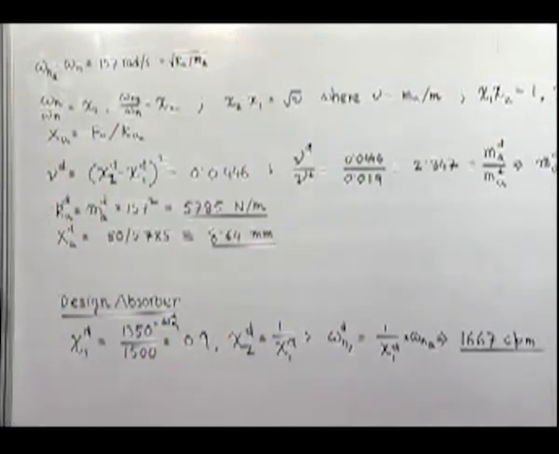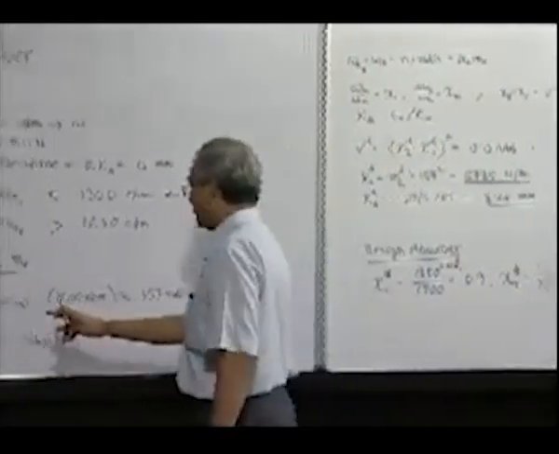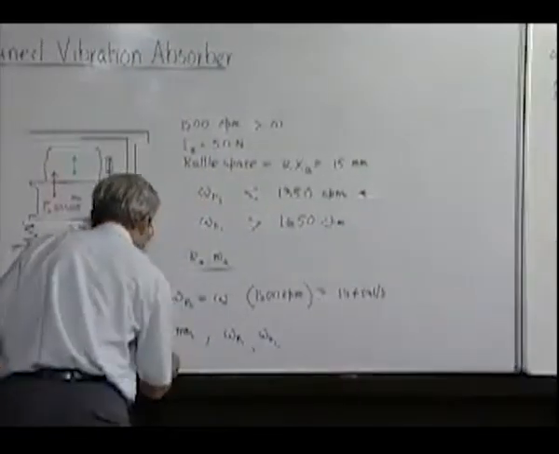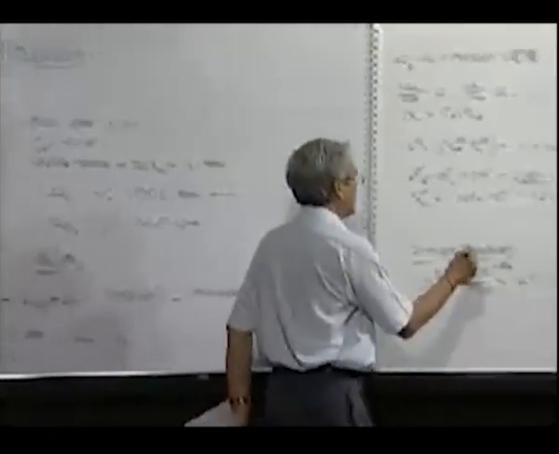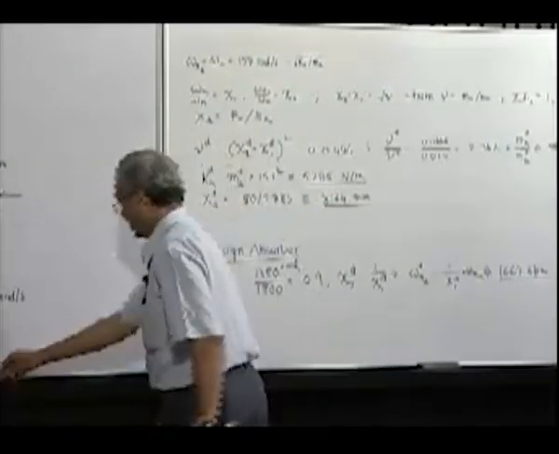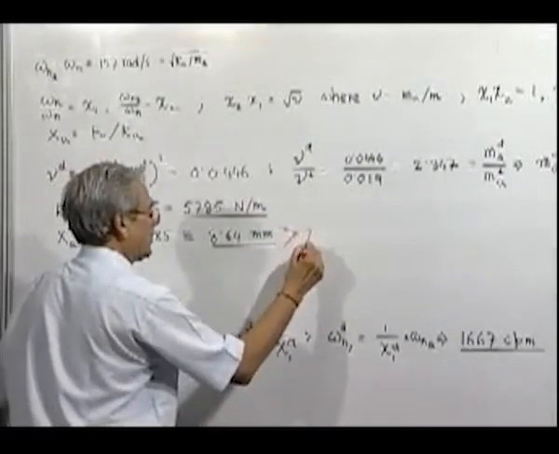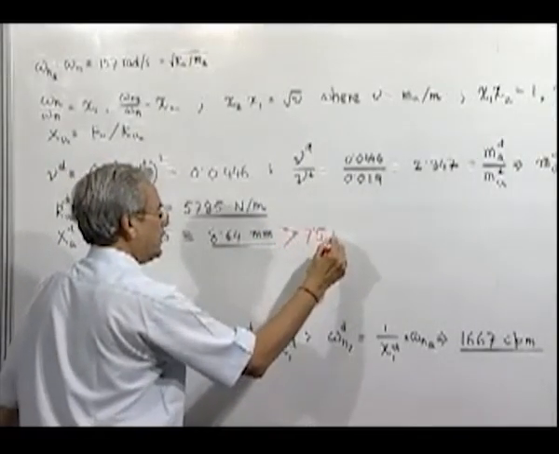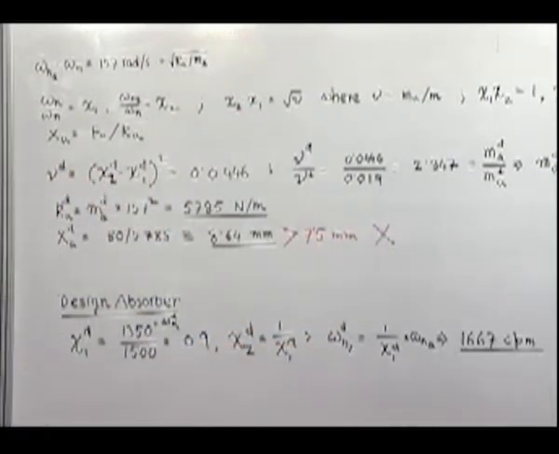And we know that our limiting value is 7.5. So, this is more than 7.5 millimeter. So, this condition is not being satisfied. So, we cannot use this.